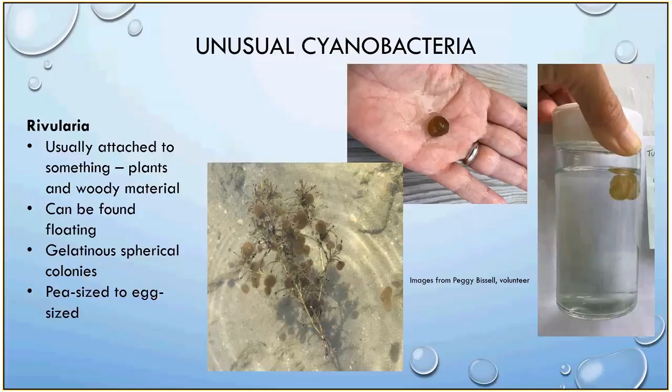At the time that this occurred, folks had been reporting colonies as big as chicken eggs or tennis balls. They're gelatinous but firm. They're often mistaken for egg masses, and they can be found floating on Lake Maury especially. They tend to release and float quite often. So again, just another unusual form to think about as you're out monitoring.